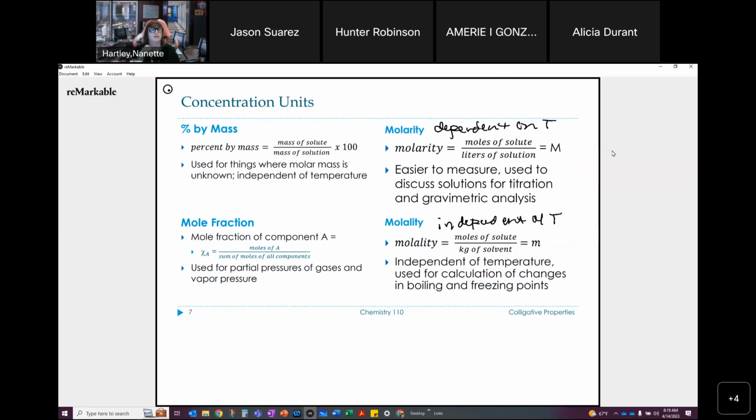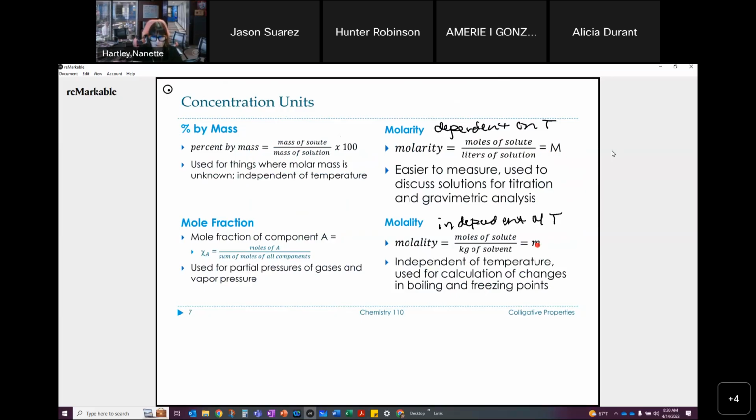And that's really important if we're doing things where the temperature is going to be changing. If we're talking about freezing point depression or boiling point elevation, we're looking at changing those temperatures. So we need a measure that is independent of the temperature. That's when we use molality.